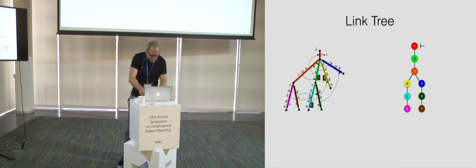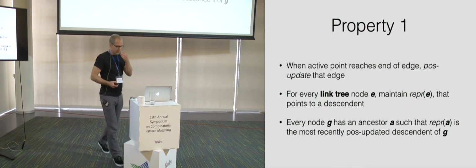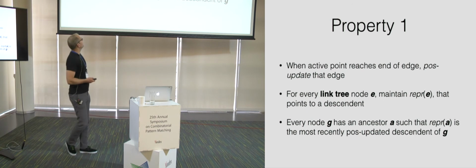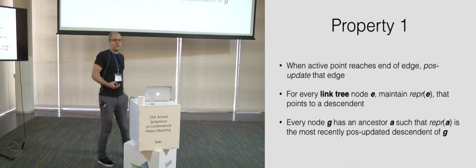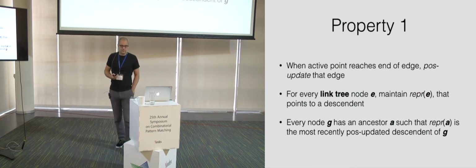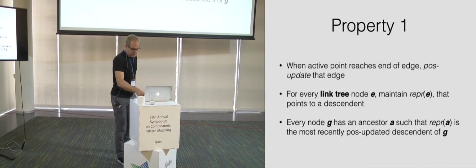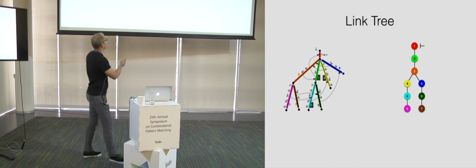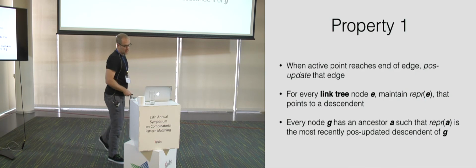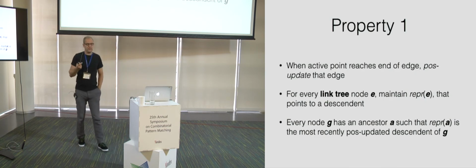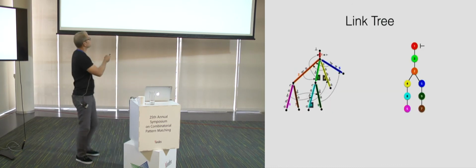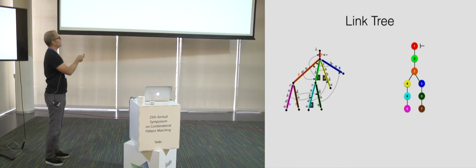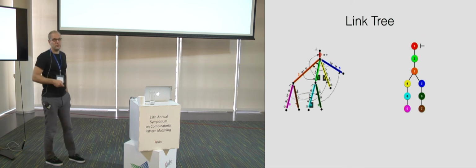Right, so what we're going to preserve then is this property. We update the position of an edge when the active point reaches the end of that edge. And then for the link tree nodes, every node in this tree, we maintain a representative that points to a descendant of that node that has been updated most recently.